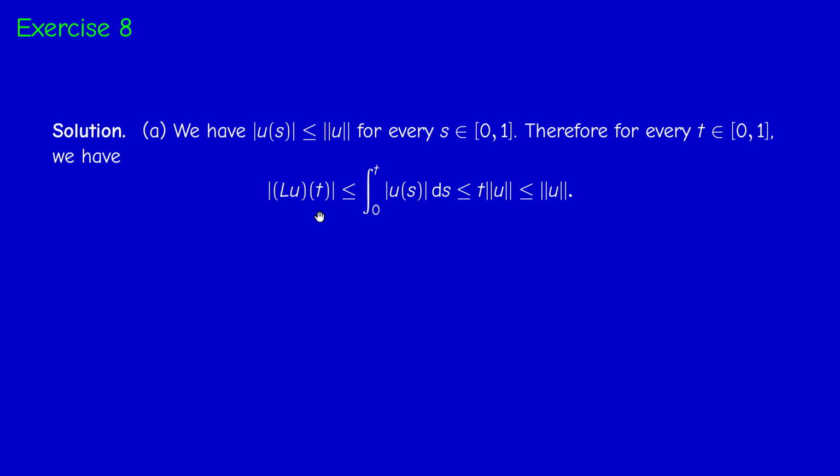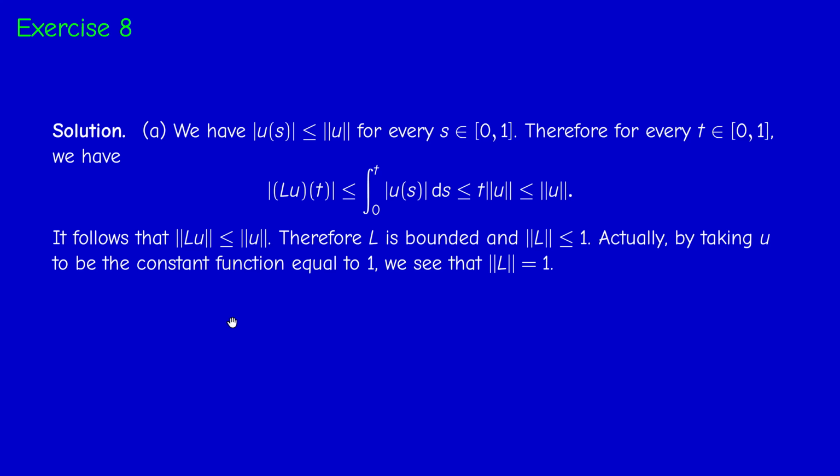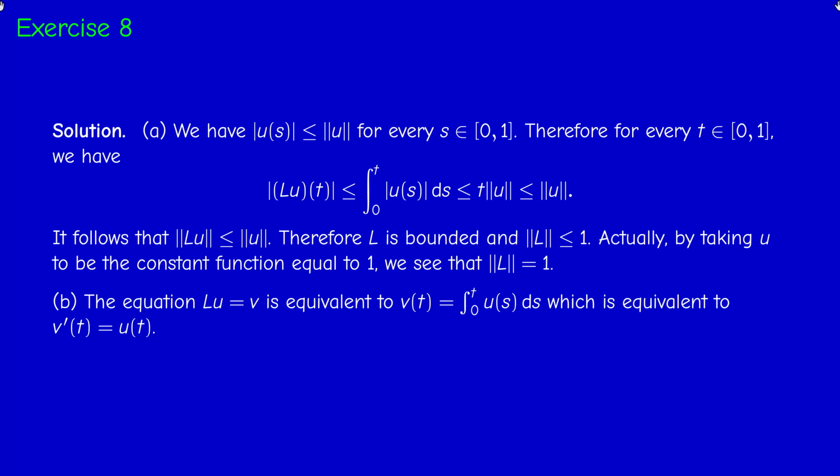And since t is between 0 and 1, the absolute value of Lu at the point t is less than the norm of u. So when I take the maximum over t, I get that the infinity norm of Lu is less than the infinity norm of u. This proves that L is bounded and its norm is less or equal than 1. But actually, we can prove that the norm is exactly equal to 1 because we just take the constant function equal to 1. So this is easy.